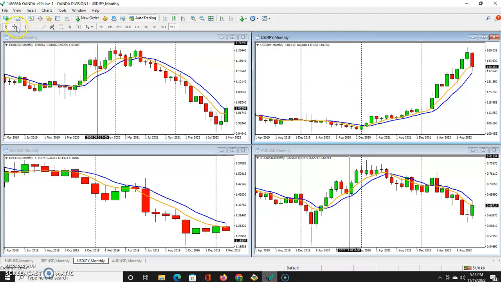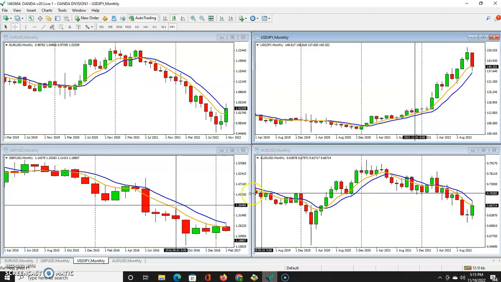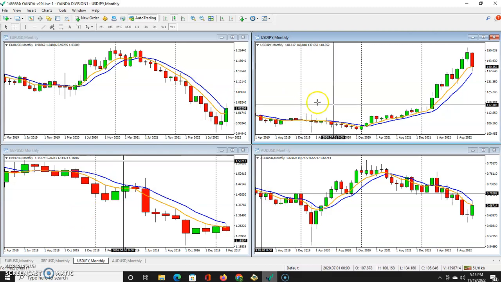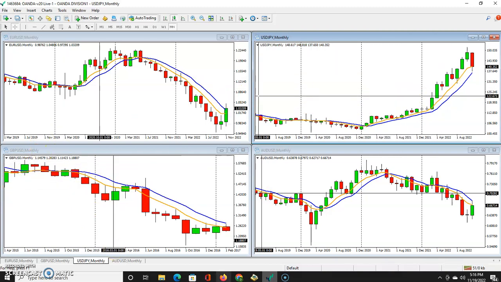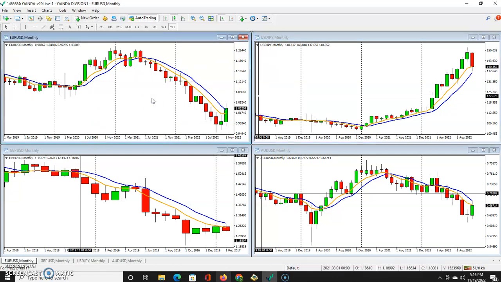At the US Japan, 140.352, and down here it's at 0.66714. Everything to the left of where price currently is, is the past. It's past data. What candlesticks do is basically record where price has been in the past, so everything to the right is what price is currently doing.